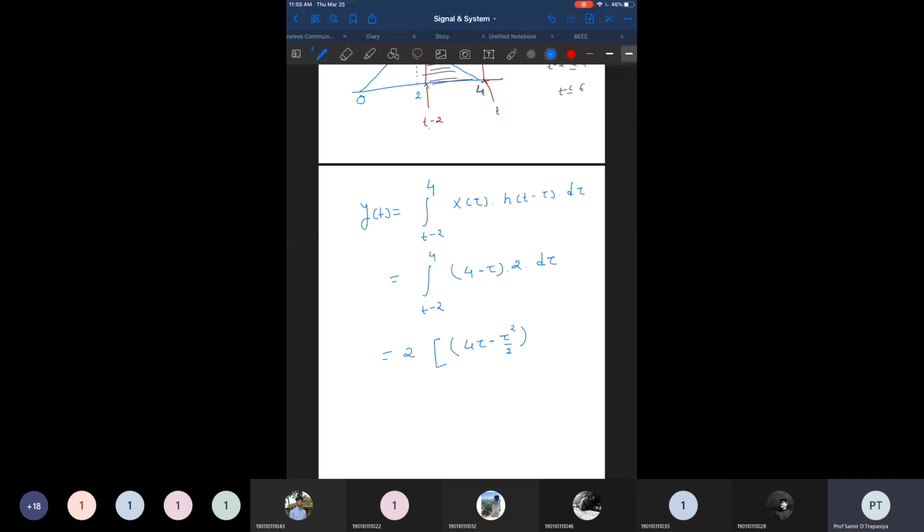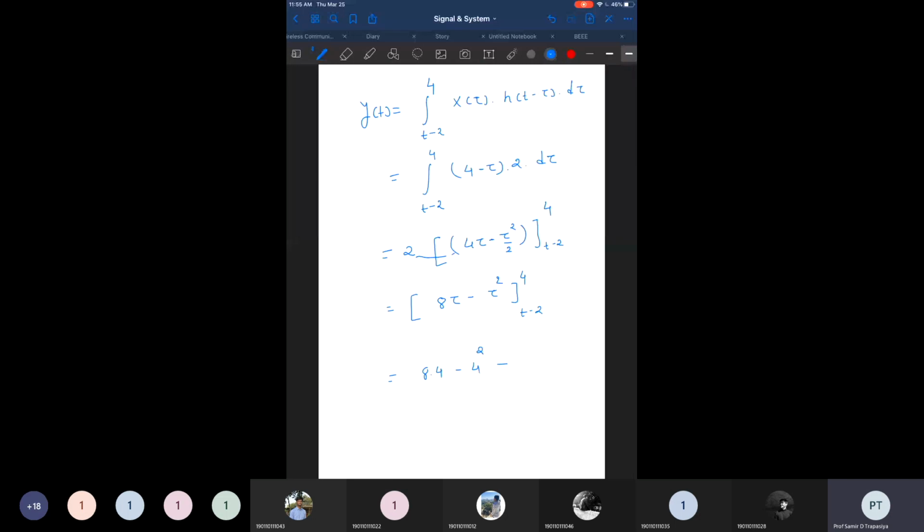But now if we summarize, we can say this y of t signal is equal to 0 for all the values of t which is less than 0. And if the value of t is between 0 to 2, then the function is t square.